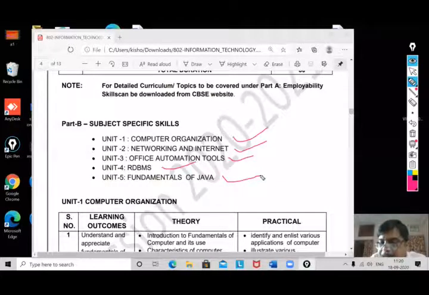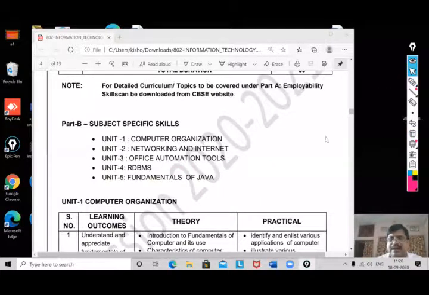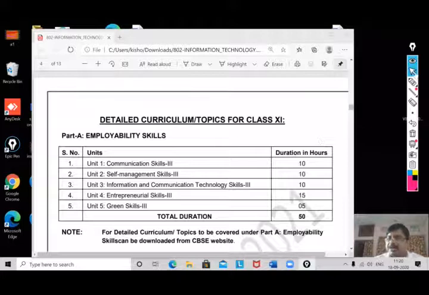Listen, this is your part B. You also have a part A, that is employability skill. You can see it at the top. I will cover this afterward. First I will go with part B, and when part B is completed, then I will discuss part A, employability skill.